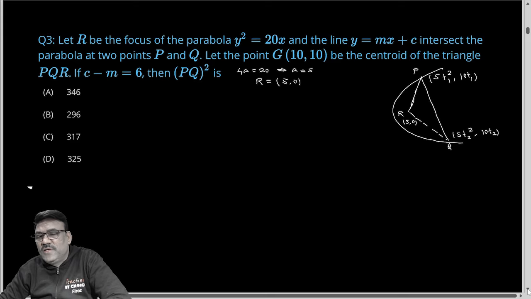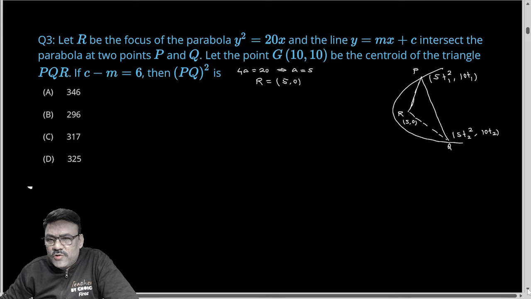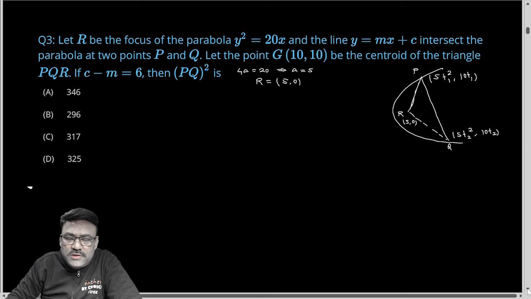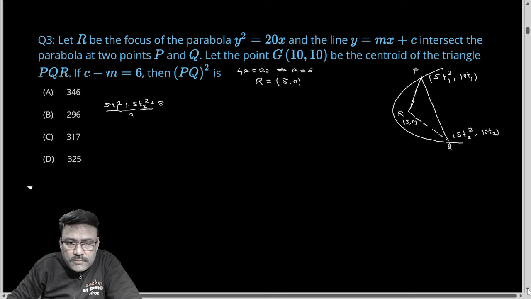Now if I find the centroid of this triangle, the centroid is basically x1 plus x2 plus x3 by 3, y1 plus y2 plus y3 by 3. So I can say that 5t1 square plus 5t2 square plus 5 over 3 is 10.